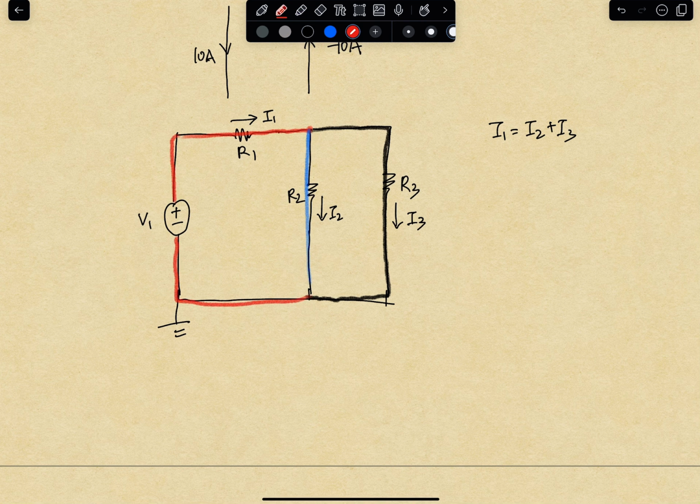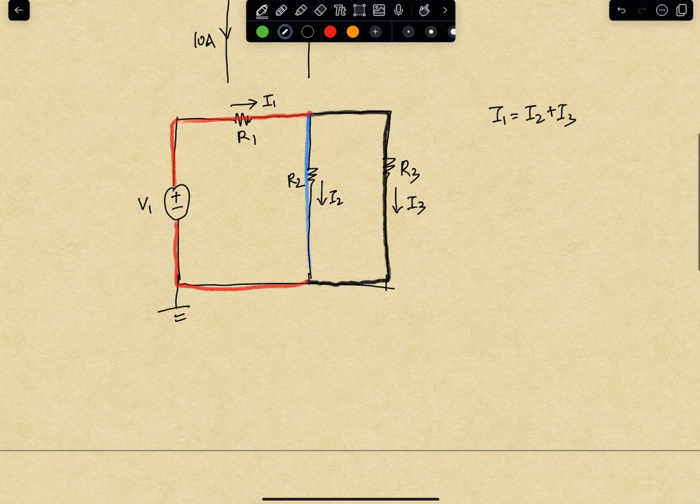But what is I1 exactly? In this case, we need to calculate the current I1 first. So I1 is basically the voltage it is coming from, which is V1 over here, minus the voltage over here. If we call this voltage Vx, then it will equal V1 minus Vx divided by R1.